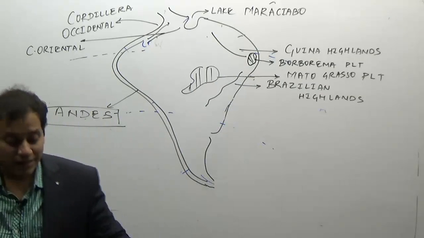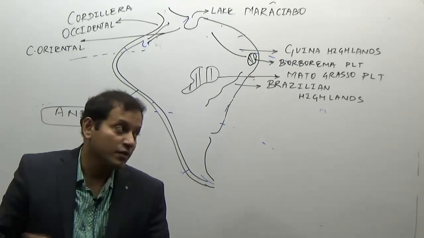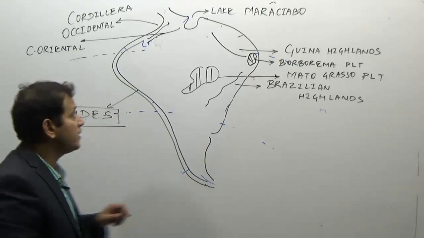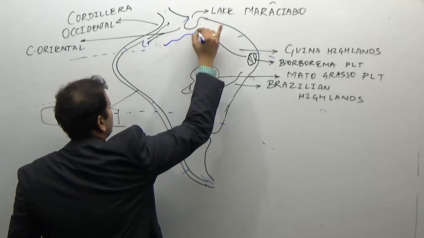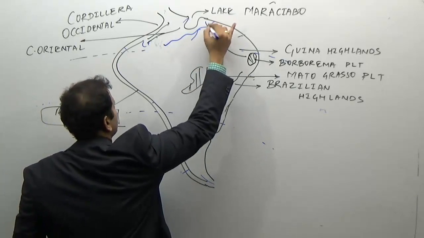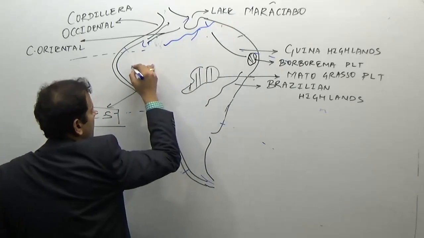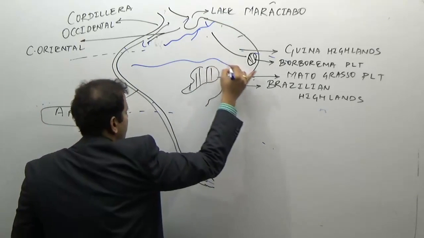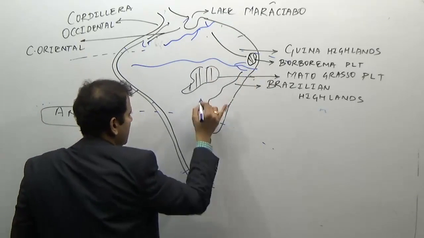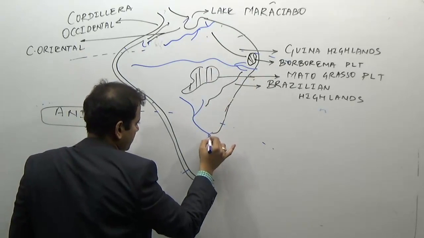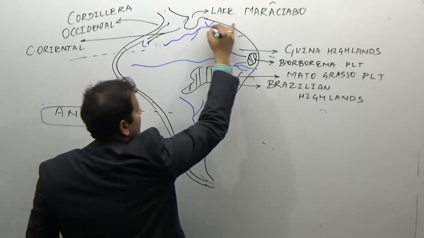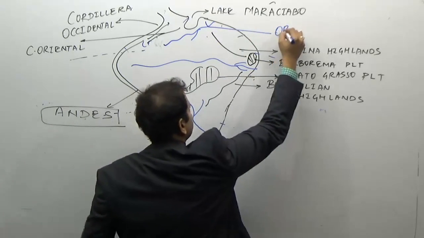Now, the other feature after the highlands is the river system. The three important river systems here are the Orinoco River System, the Amazon River System, and the Rio de Plata River System.